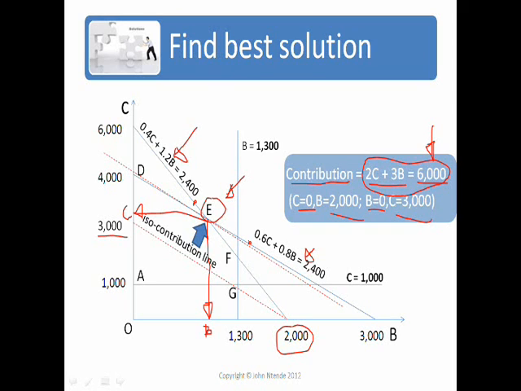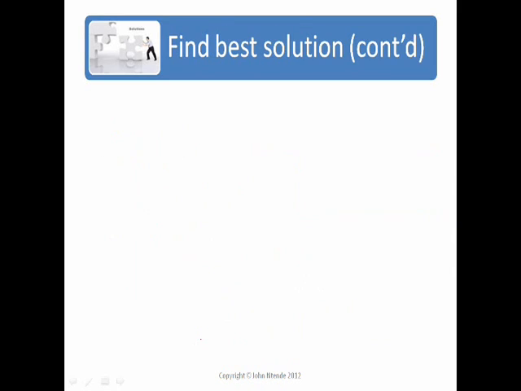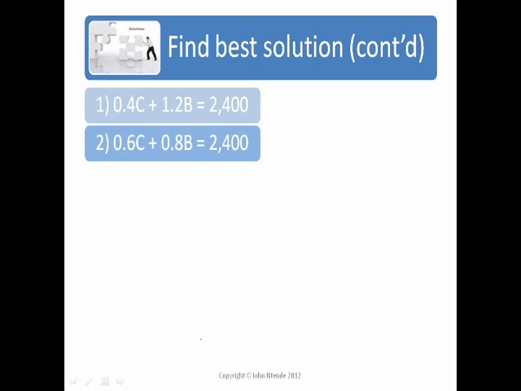So we are going to solve these two equations simultaneously to find the values of C and B. So how do we do the computation? Now the two equations are 0.4C plus 1.2B equals 2,400, and 0.6C plus 0.8B equals 2,400.